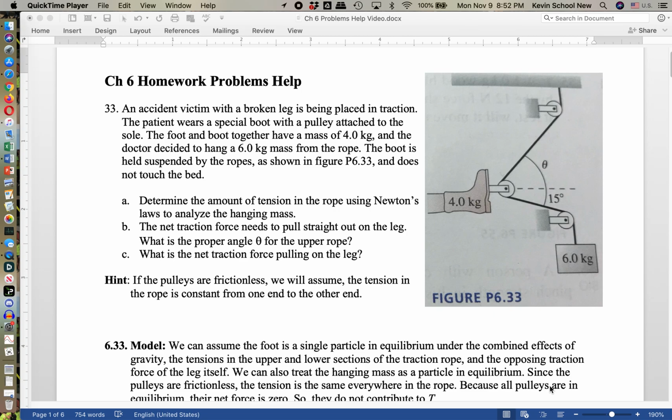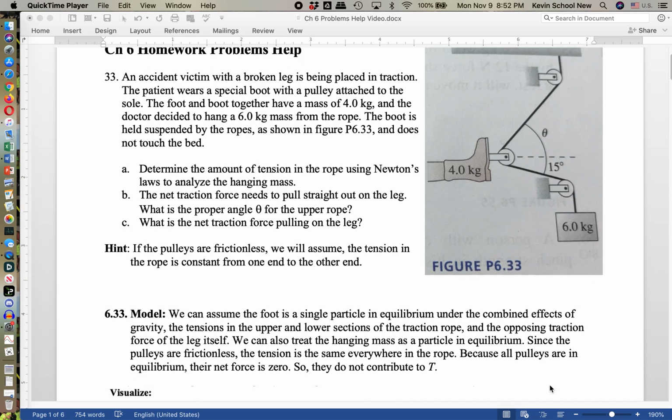Then in part B, find the net traction force needed to pull straight out on the leg, the proper angle theta for the upper rope, and then the net traction force pulling on the leg. They gave a hint that if the pulleys are frictionless, we'll assume the tension in the rope is constant from one end to the other end.